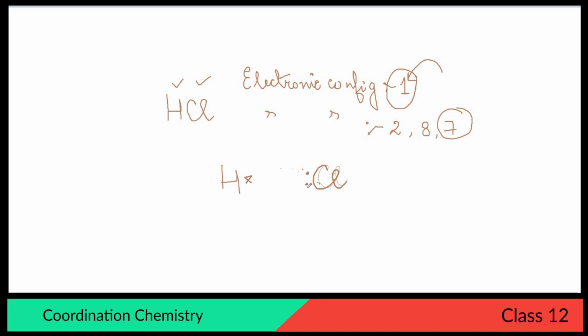So, 1, 2, 3, 4, 5, 6 and 7. Right? Now, Cl needs 1 electron in order to complete its octet. And H needs 1 electron to complete its duplet rule. So, what happens in this case is H and Cl share their electrons.